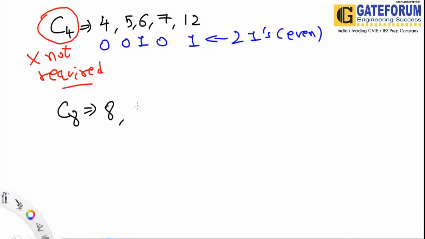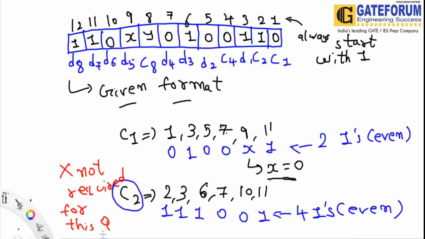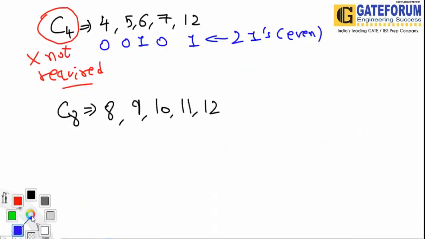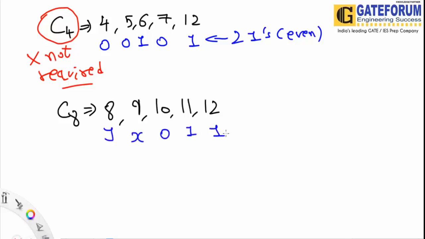It is 8, 9, 10, 11, 12. Here we only go up to 12, so we take that into consideration. So it is basically y x 0 1.